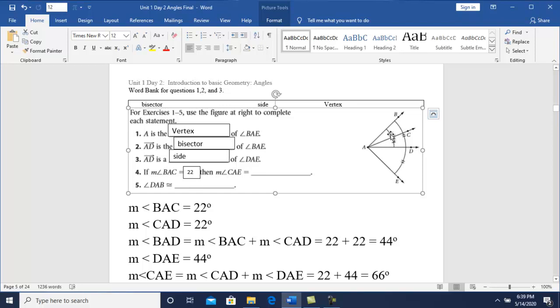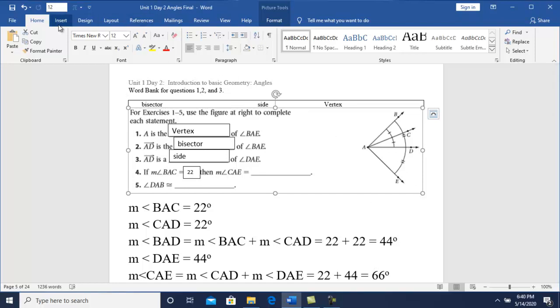It's implied because these two angles are congruent to each other. Then to figure out BAD, you take this top part and this part here and add them together, which gives you 44. So the bottom half would also have to be 44. And then the last part, to figure out angle CAE, we take 22 and 44, which gives you 66.